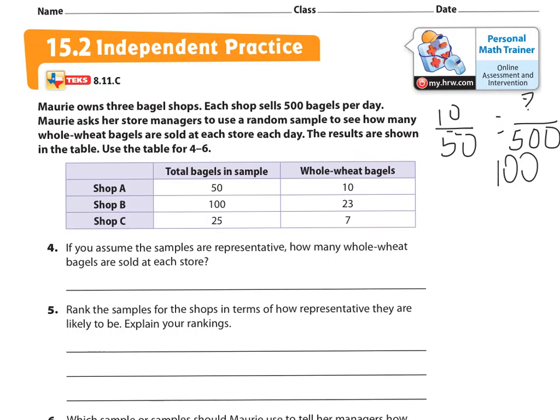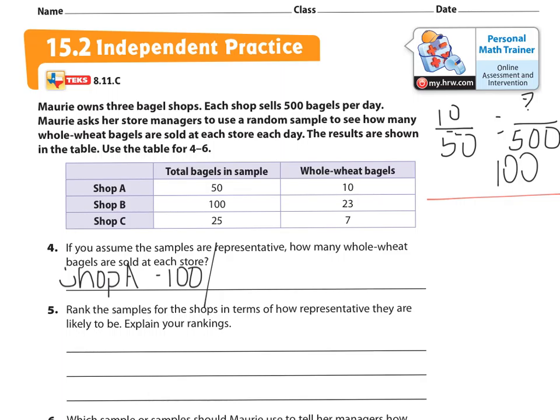So we would expect that store A, or shop A, that there would be 100 bagels sold that were whole wheat. Okay. Now we have to do the same thing for store B. This time, they took a sample of 100, and 23 of those 100 sold were whole wheat.